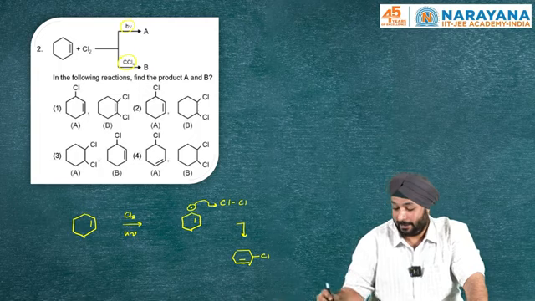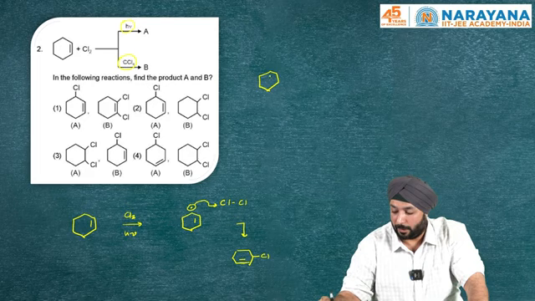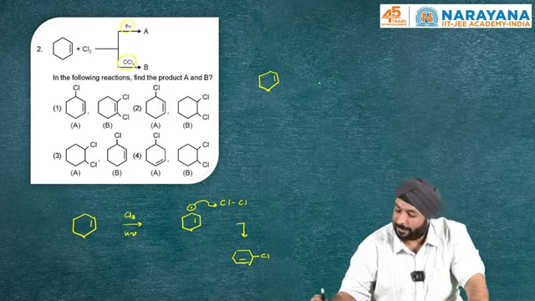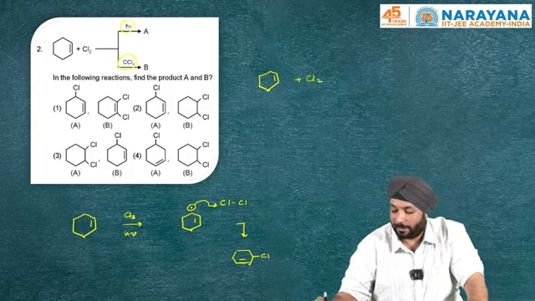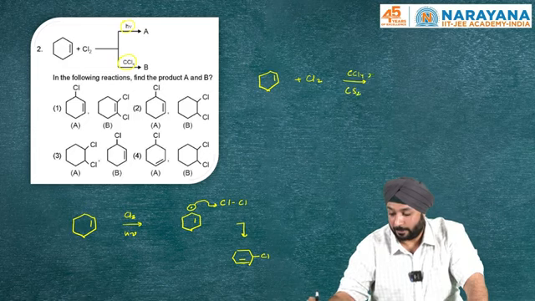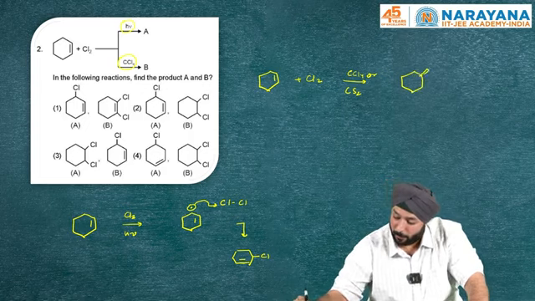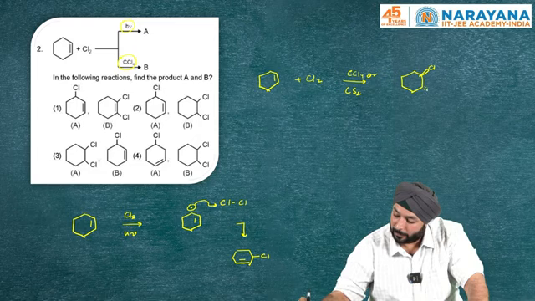And one more thing: when you use a non-polar or organic solvent, the very same cyclohexene, and you use chlorine in the presence of an organic solvent like CCl4 or CS2, then anti-addition of halogen takes place, whereby one chlorine will be towards you and the other chlorine will be away from you, and vice versa.